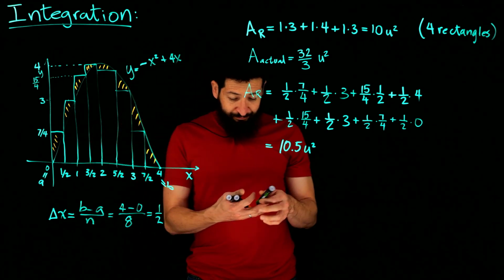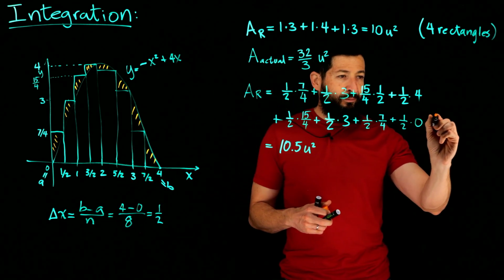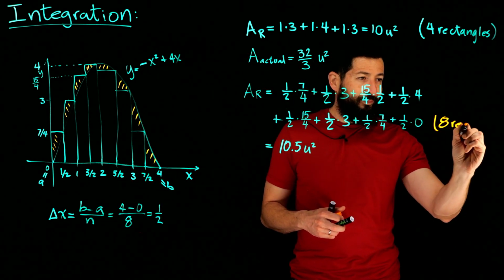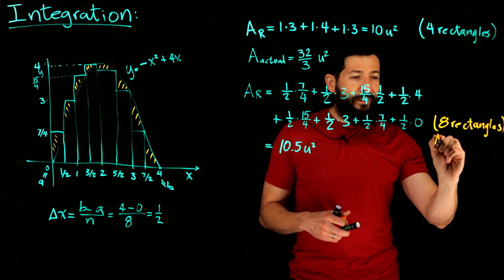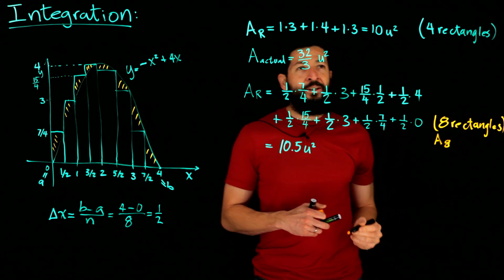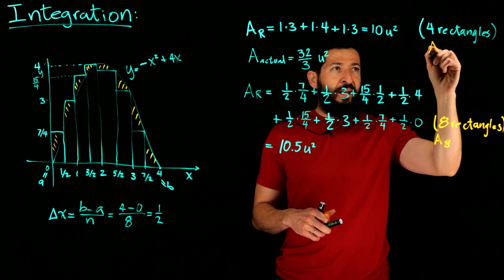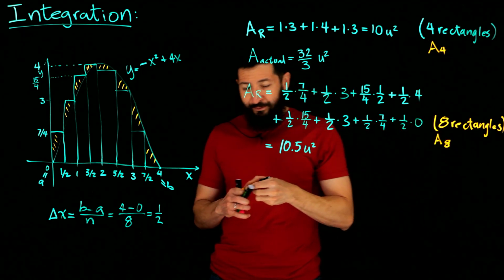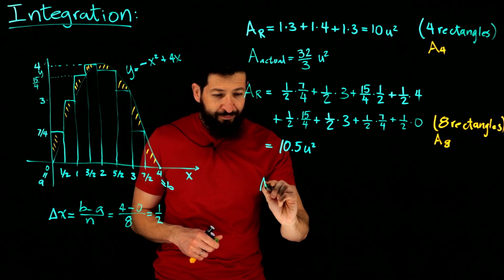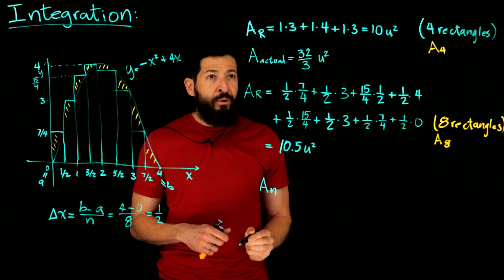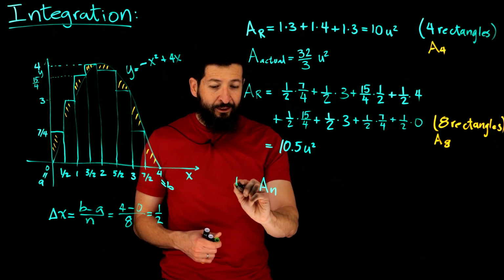So the goal would be that if you call this one, we have 8 rectangles, A sub 8 to denote that you are using 8 rectangles, and you call this one A4, somehow we would want to be able to do A n, but not just do A n, but let n go to infinity.